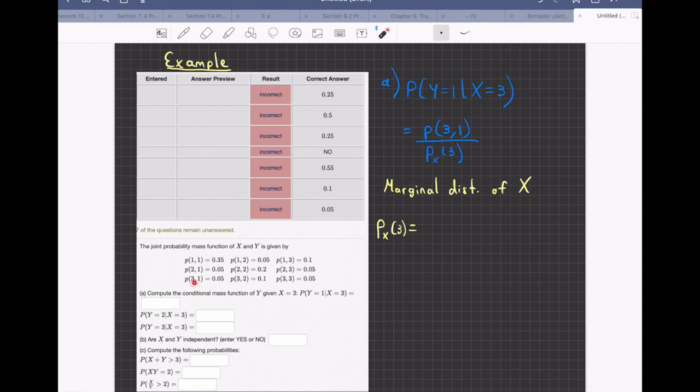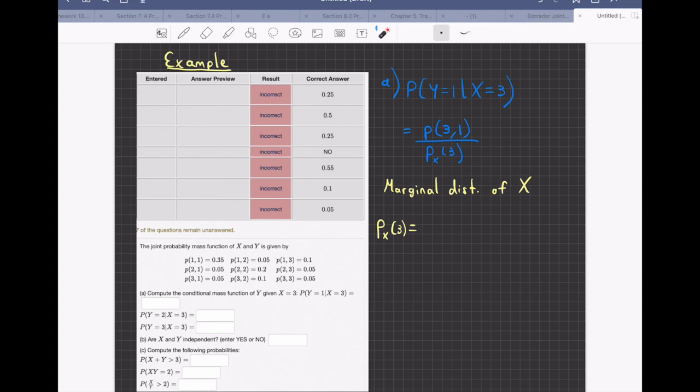Notice the first value is x, remember? 3 in the x, 3 in the x, and 3 in the x. So I have to add these where x is equal to 3, but the values for y are changing: y equal to 1, y equal to 2, and y equal to 3.